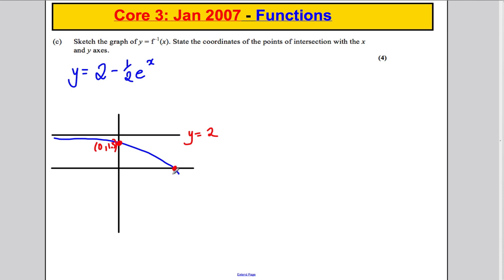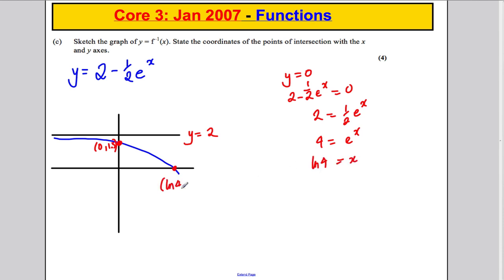And if y was actually equal to 0, then we'd be solving 2 subtract a half e to the x is 0. So we could say that 2 is a half e to the x, times by 2, 4 is equal to e to the x. So x must be ln 4. So this point here must be (ln 4, 0). And obviously, I should have probably just drawn here, this would have continued on like that.